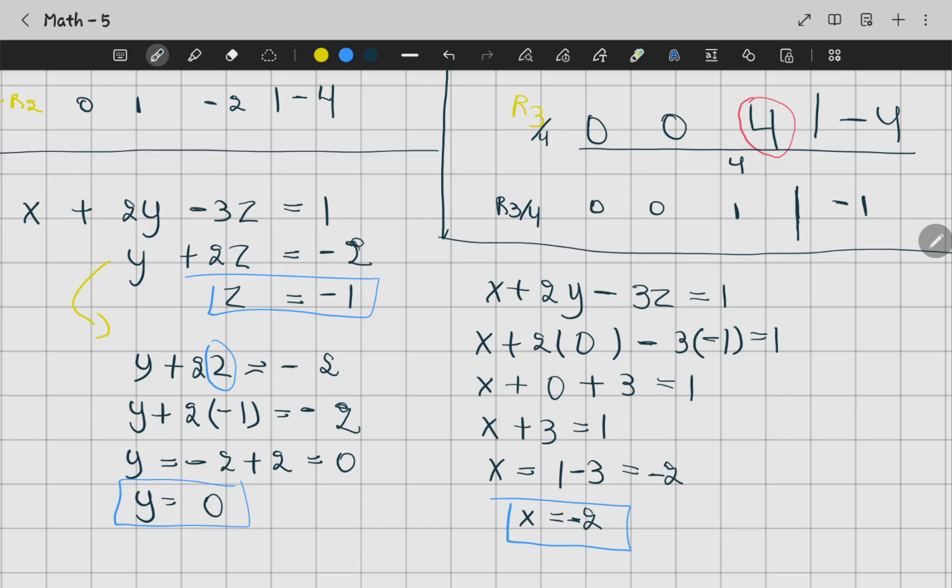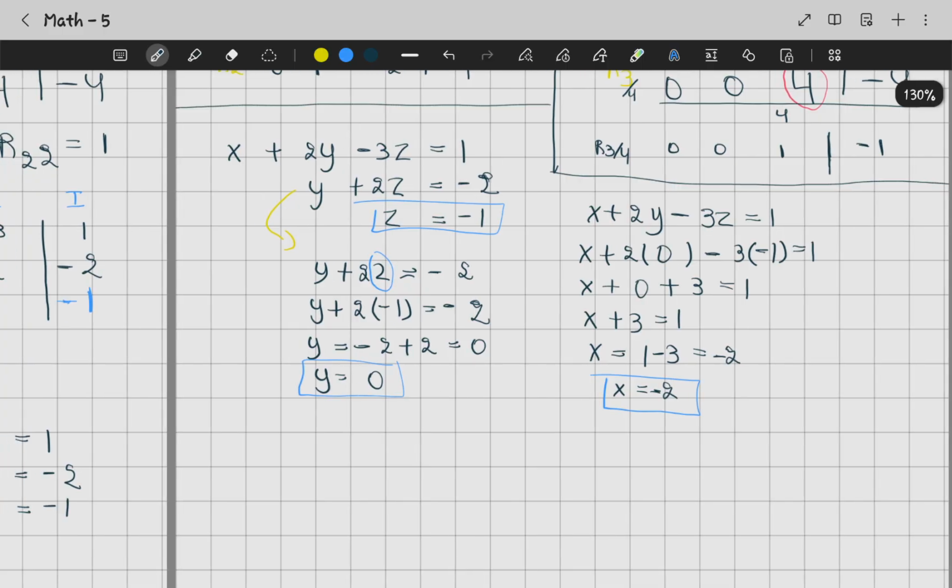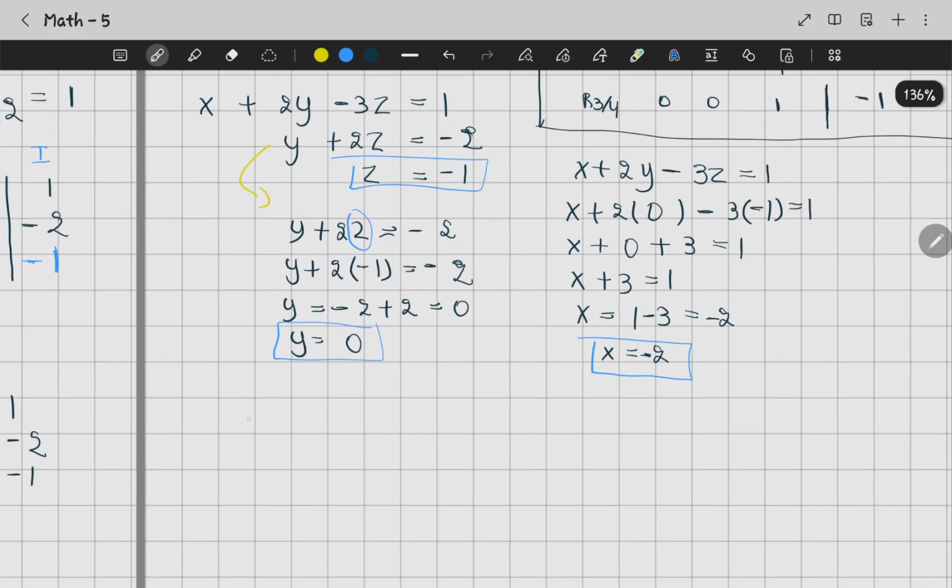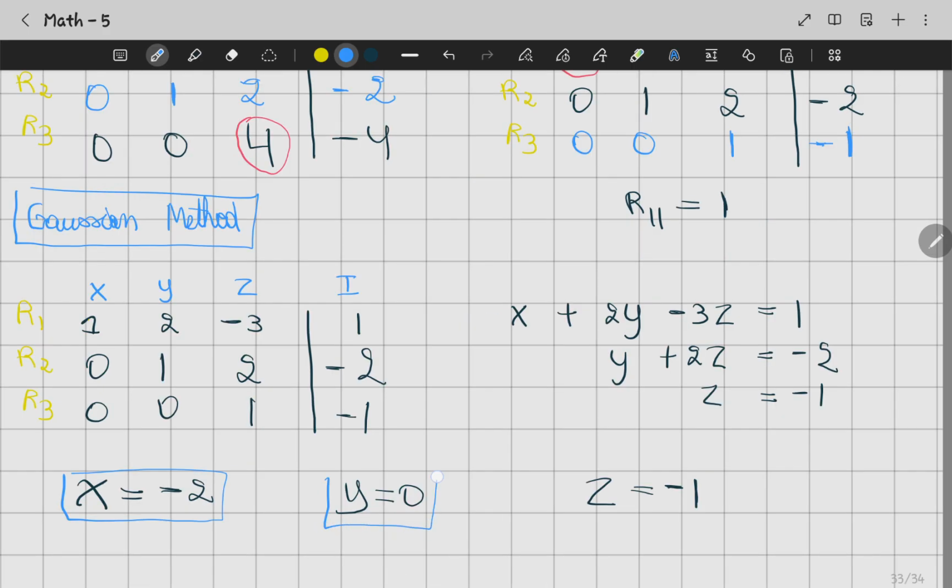So we get negative 2 there. These are the answers that we got: x equals negative 2, y equals 0, and z equals negative 1. This is what we got as the answer using the Gaussian method.